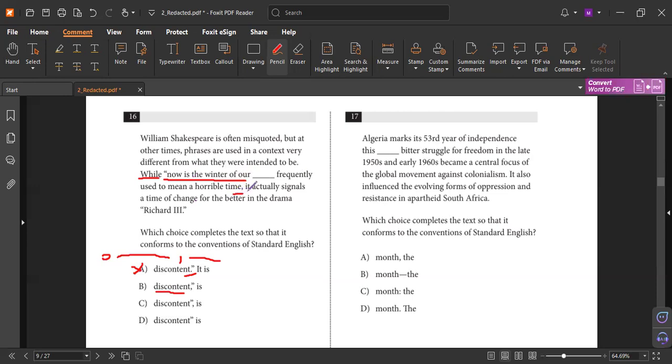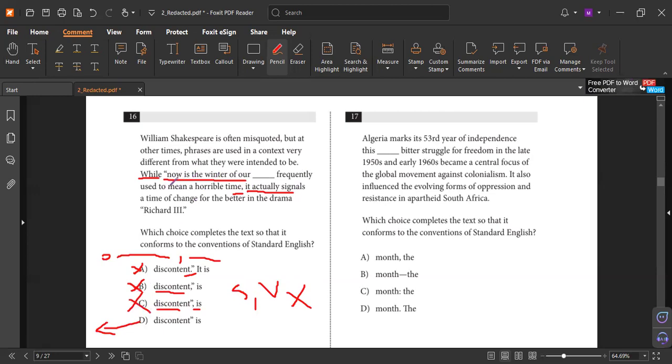Because this is a comma before the second clause, not this comma. So that means B is wrong. That means you are going to separate the subject from the verb that is. This is not accepted. So that means letter D is correct.